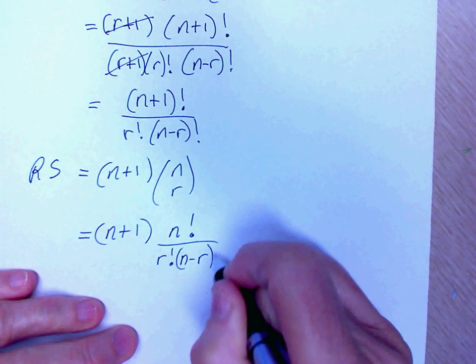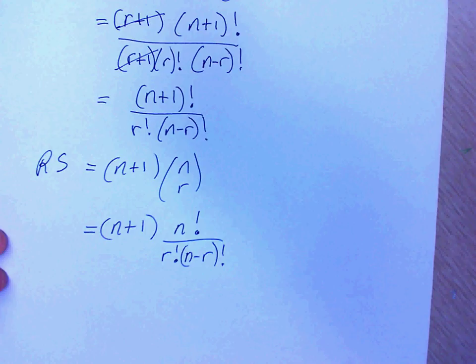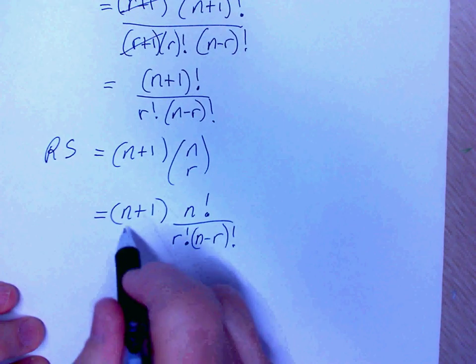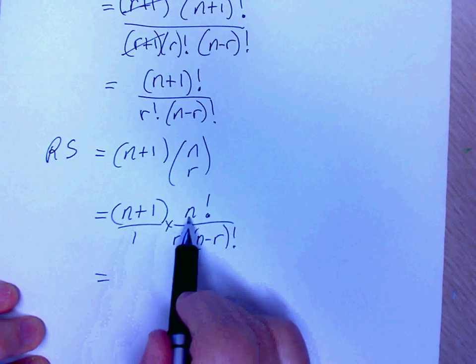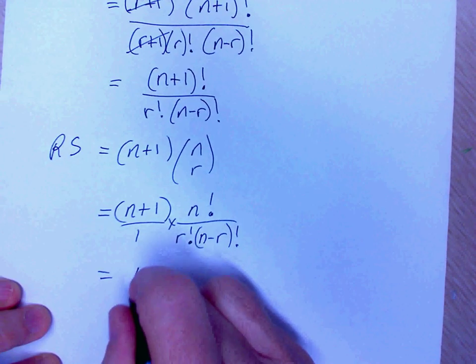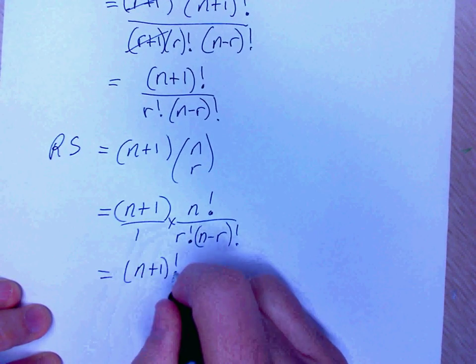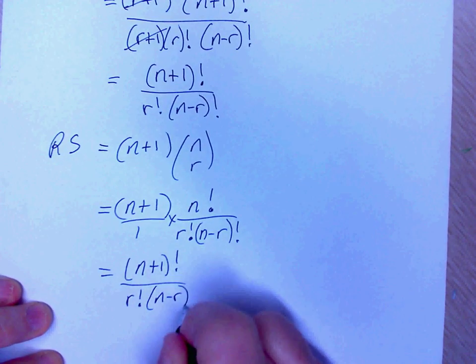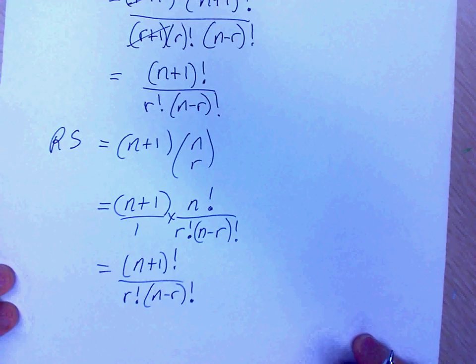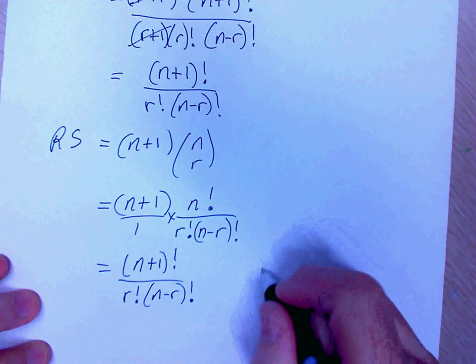Can you see this is the same as n plus 1 factorial all over r factorial n minus r factorial? Left side equals right side. That guy equals that guy.